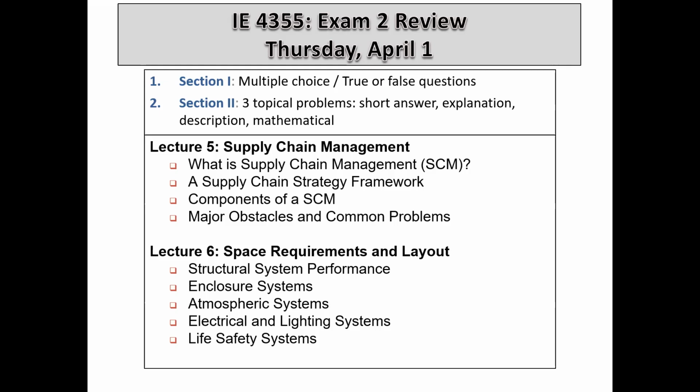In terms of the material, we started this second part of this class with lecture 5, in which we discussed supply chain management and how that impacts facilities planning. We started with answering the question, what is supply chain management? And also a supply chain strategy framework.